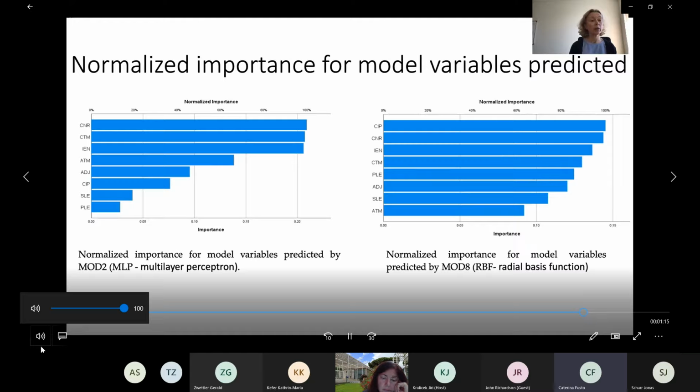In the first one, task cohesion is on the top, and in the second one, task cohesion is mainly in the second position.